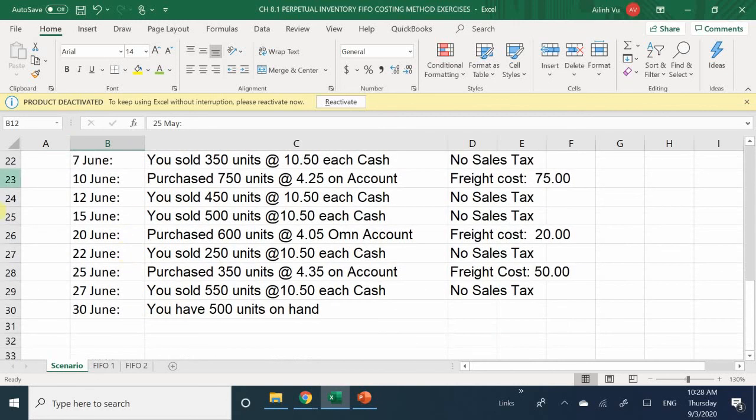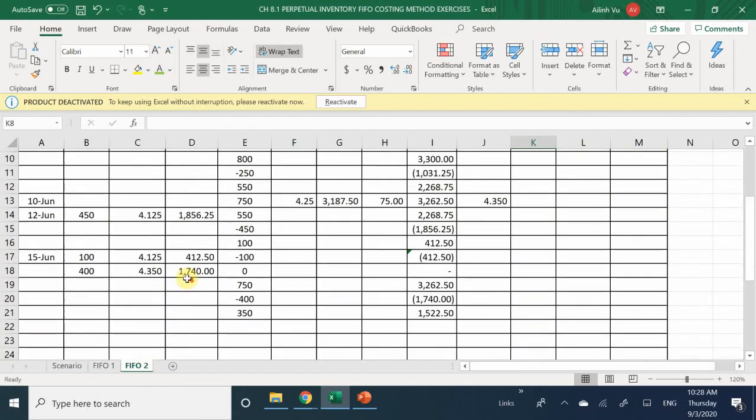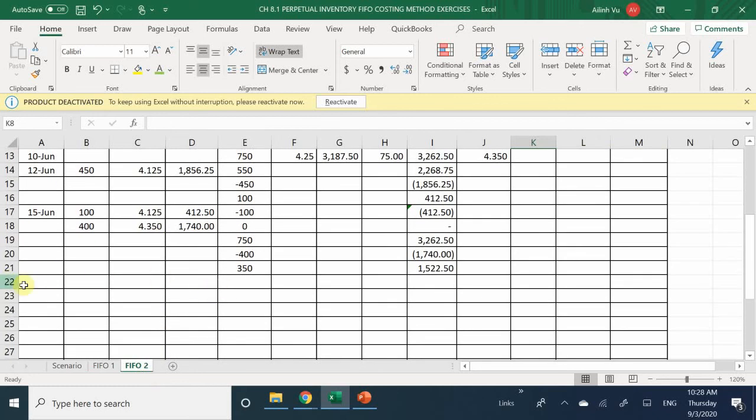Okay, so what happened on the 20th of June? With a freight cost of 20. So, what was the date again? June 20th.